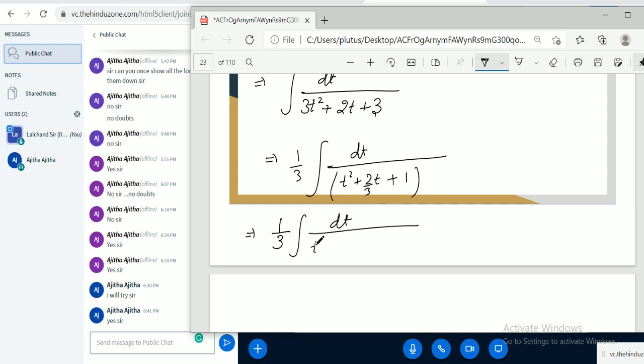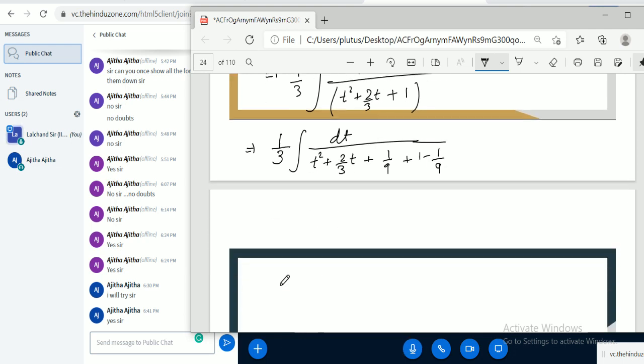So we will have t square plus 2 by 3 t, and half of the coefficient gives 1 by 9, plus 1 minus 1 by 9. If we simplify further, this is t plus 1 by 3 whole square, and this will be plus 8 by 9.